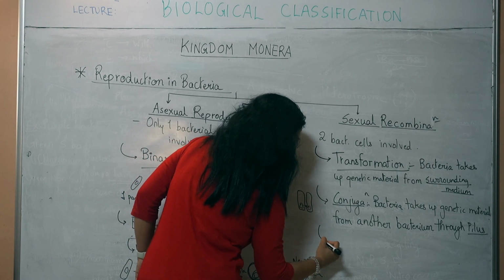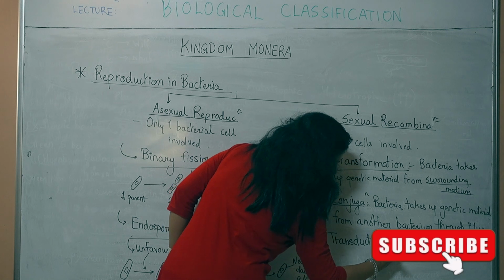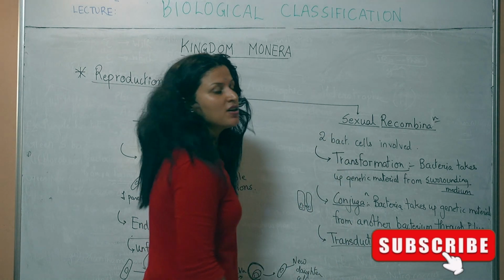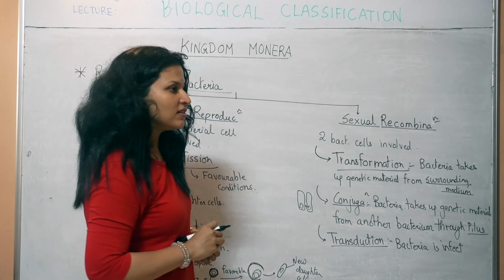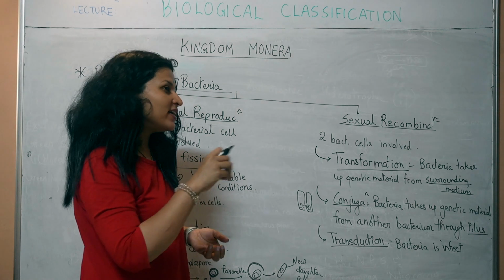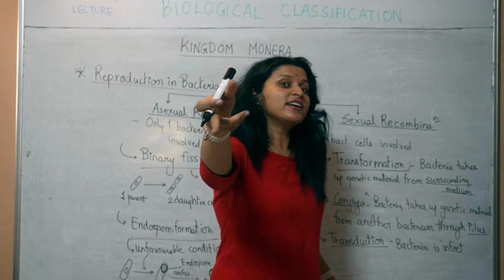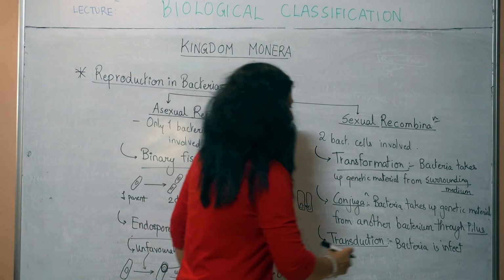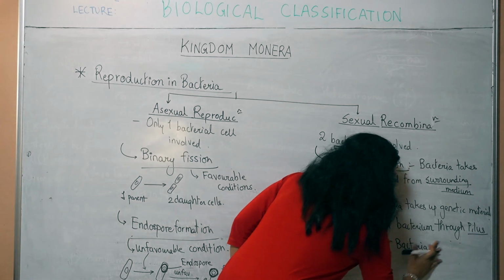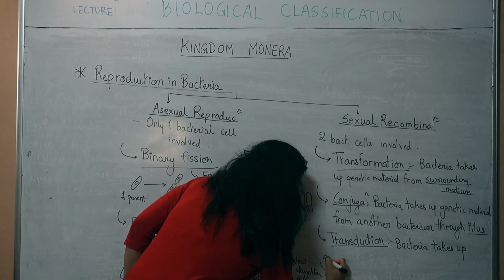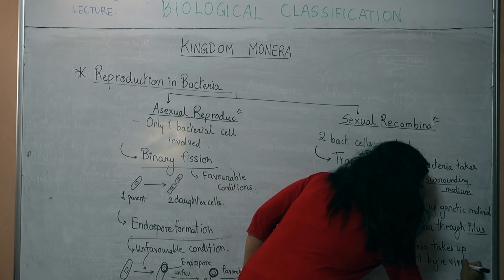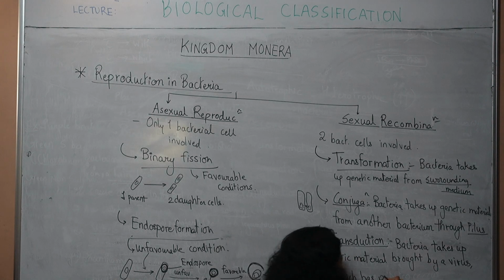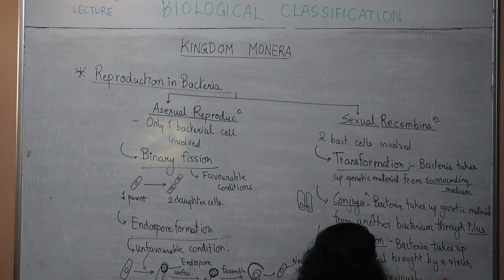Third one, transduction. Transduction is the third type of sexual recombination, wherein bacteria takes up genetic material brought by a virus which has previously infected another bacteria.